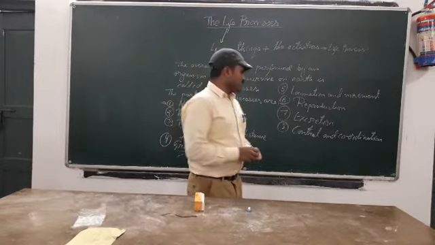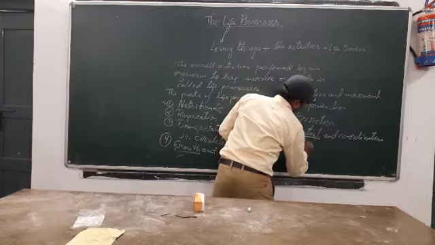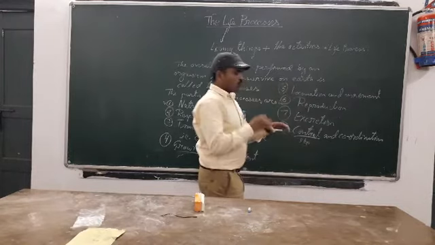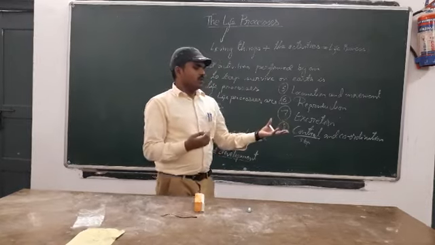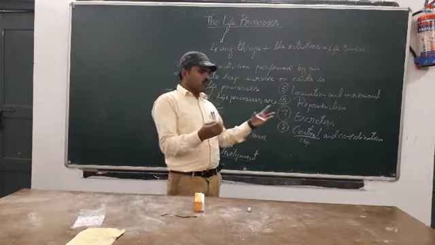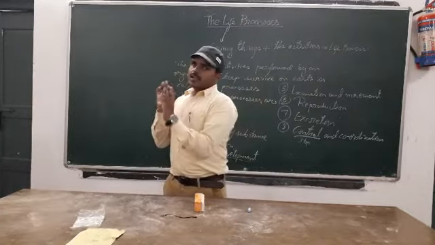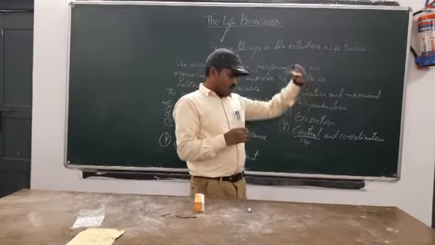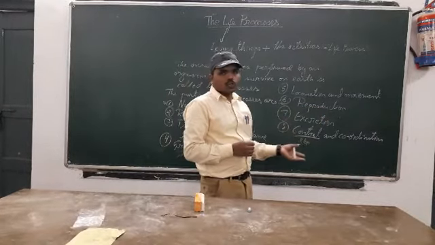Control means the stopping of activity. If someone is working and suddenly he sees something which scares him, he will stop there, turn back, and he can go away. It means the stopping point is there, and that point is known as control.